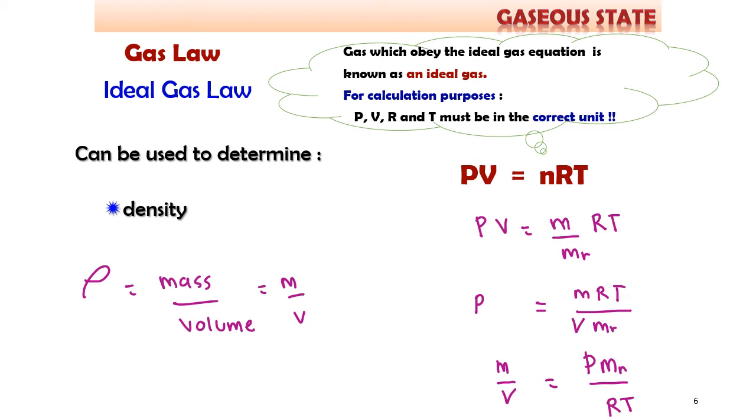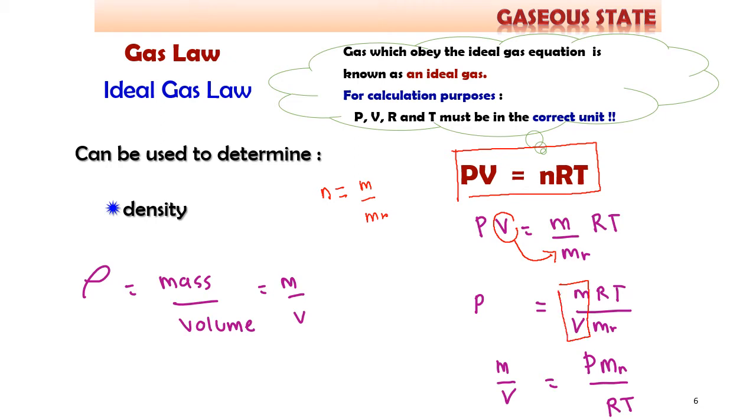Next, if you want to find density, you know that density is mass over volume, m over v. From the equation PV equals nRT, we know from the previous slide that mole is mass over molar mass. If you want to find density, you rearrange the volume to this side, and there you go: mass over volume.